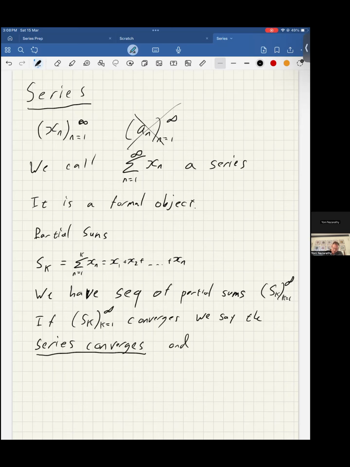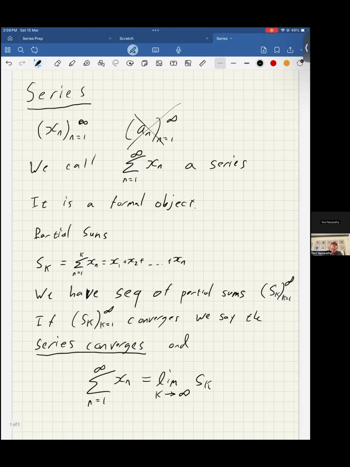And then this object, which was just a formal object before, this thing actually means the limit, k to infinity of S_k.